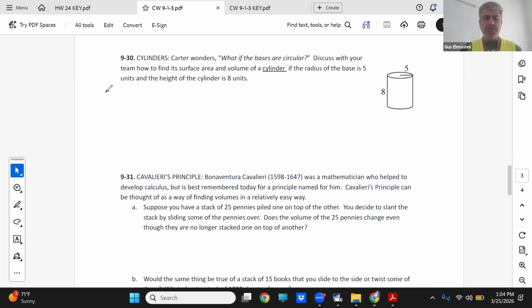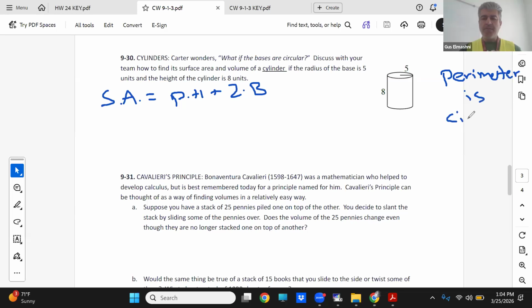So remember, your surface area is the perimeter times the height. Now the perimeter is circumference. And the area is pi r squared.